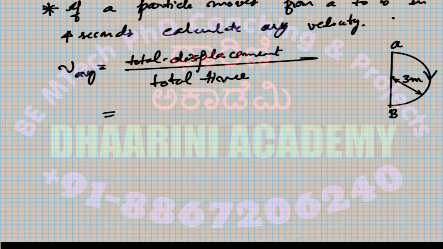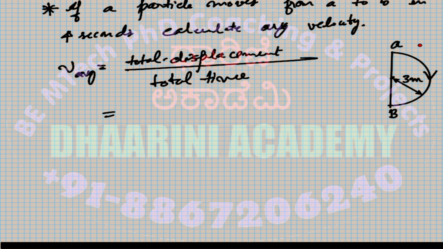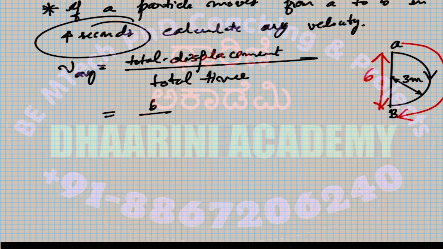So A to B, though the path taken is along the circumference of the circle, I don't want that. I want the displacement. Displacement is this distance. So what is this distance? Radius is 3, so diameter is 6 meters. So total displacement is 6 divided by, time taken is given as 4 seconds. So 6 by 4. So this is 1.5 meter per second.